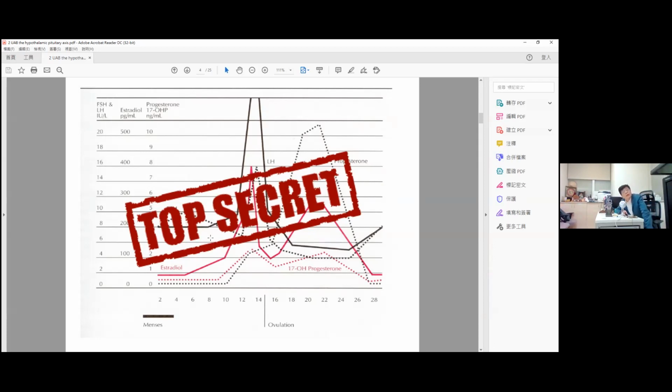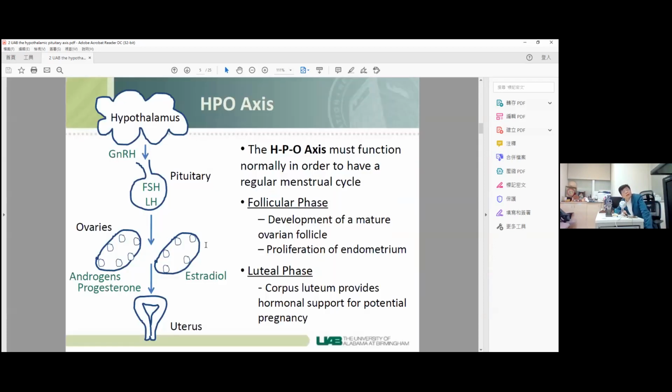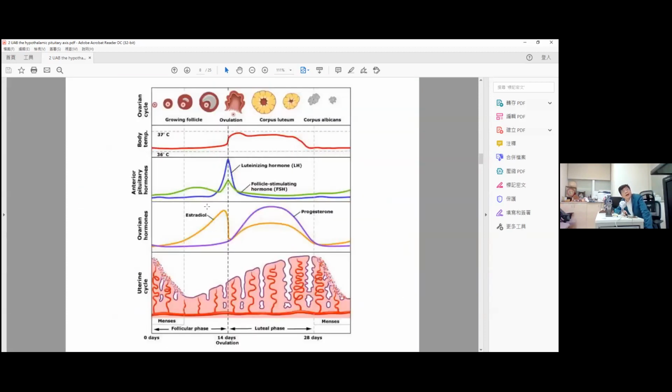This is so-called top secret. We will decode the top secret with this slide. So on this slide, the bottom is the ovulation day. From day 0 to 28, this is the so-called cycle. Then on the 28th day, we have a menstruation.